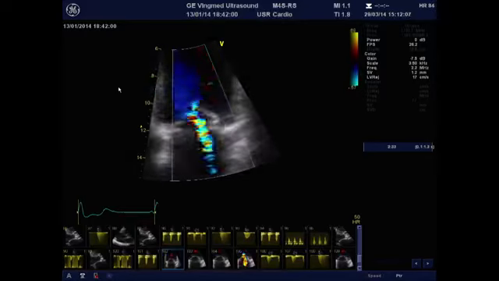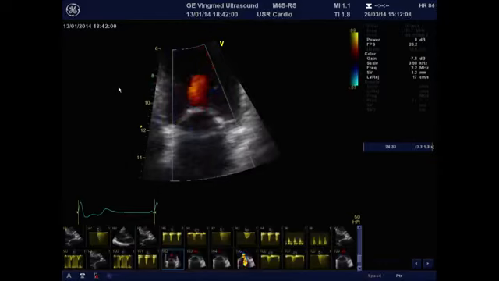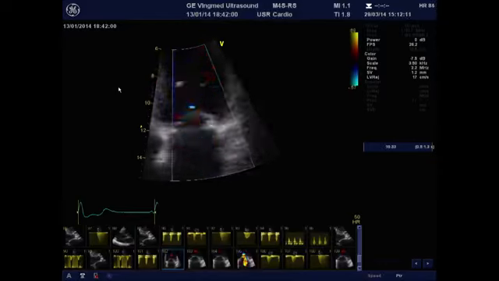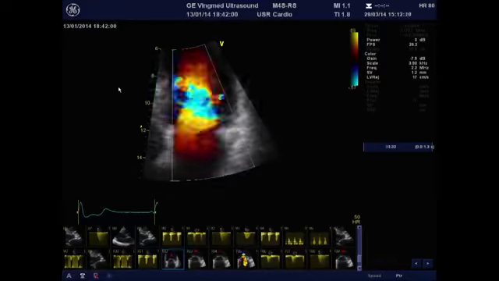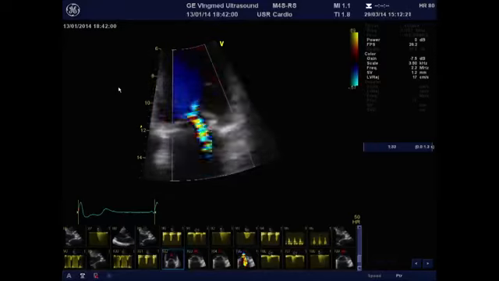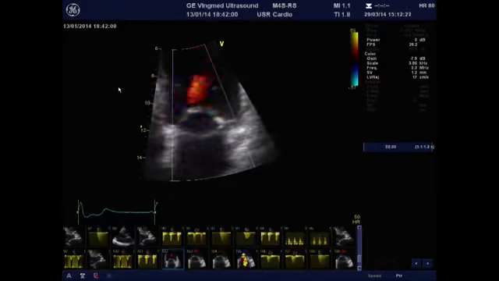And a good way to assess the severity of mitral regurgitation is to remember that because of the extremely high afterload induced by the aortic stenosis, we will have to rely on the measurements which are the least dependent on the loading condition.